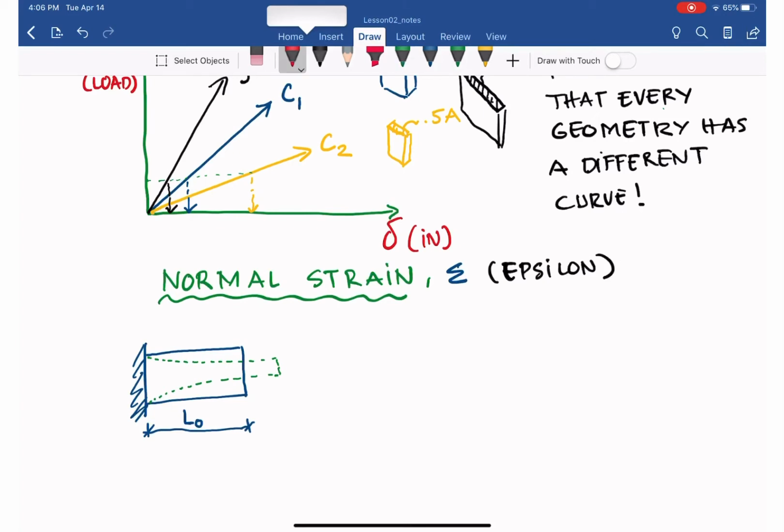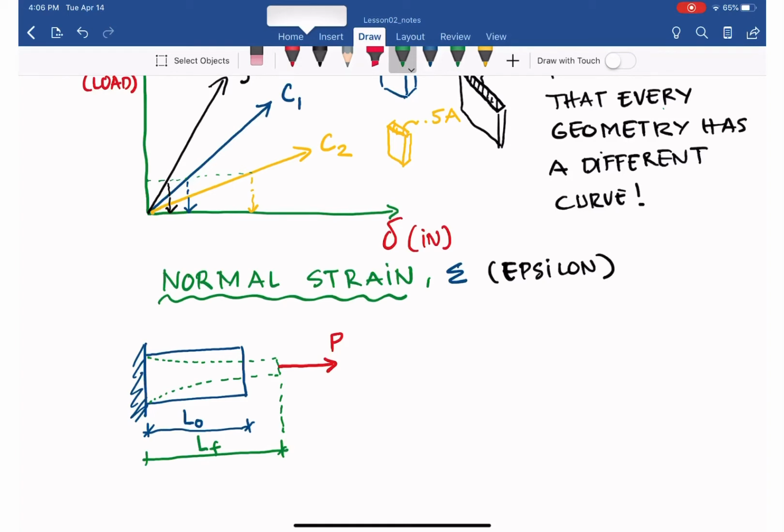If we apply the load P, that puts this body in tension. The final length after the load is applied, we call LF, the final length.